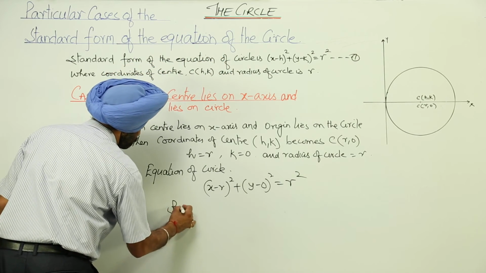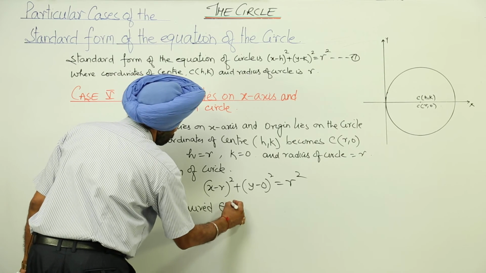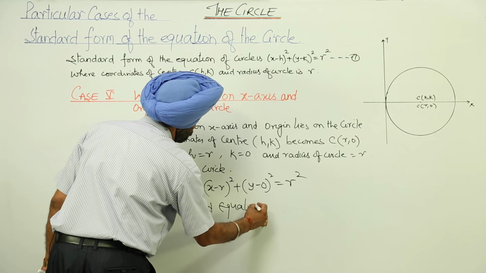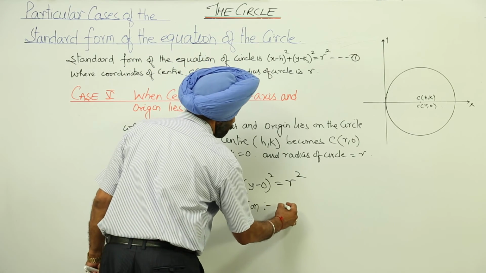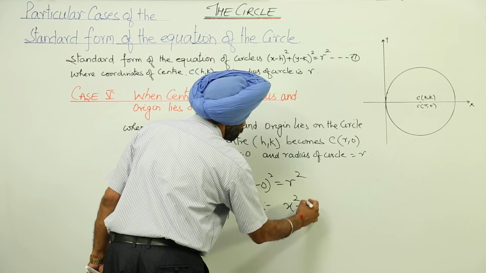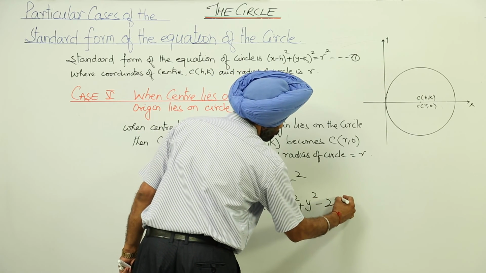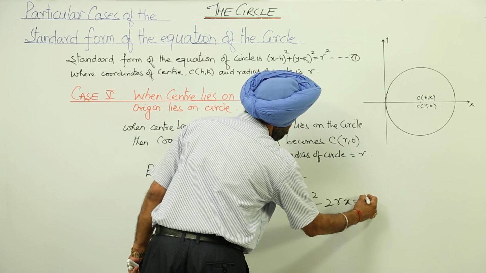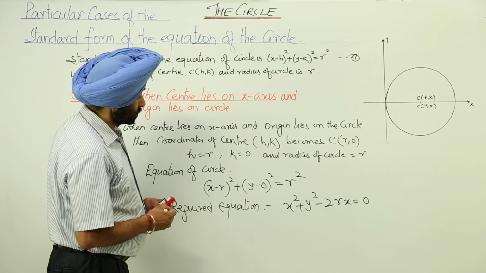Now, required equation is now we are having x square plus y square minus 2rx is equal to 0. This is the required equation for a circle.